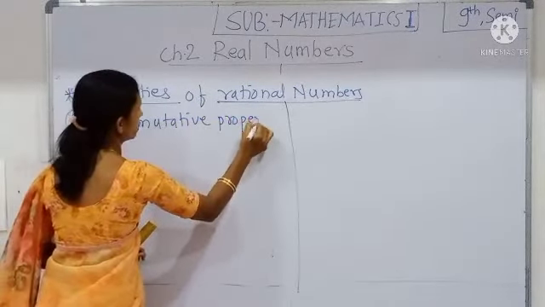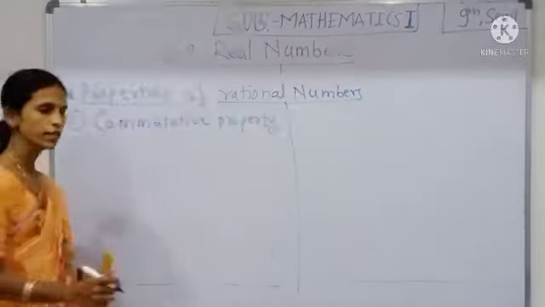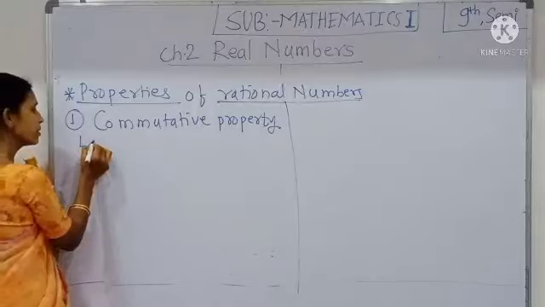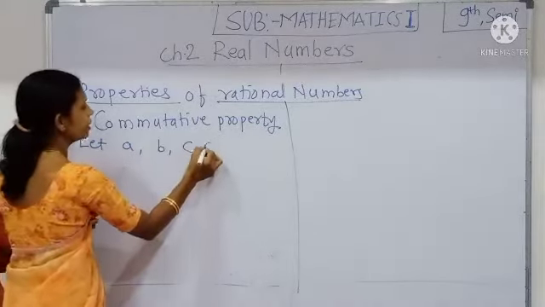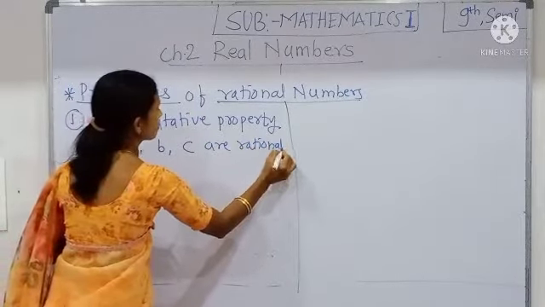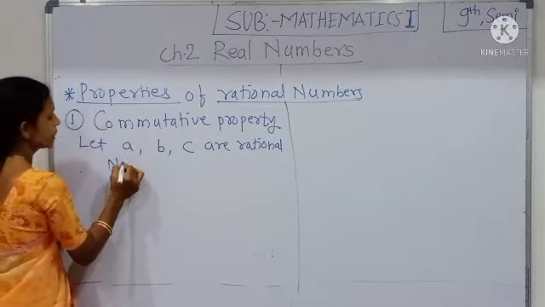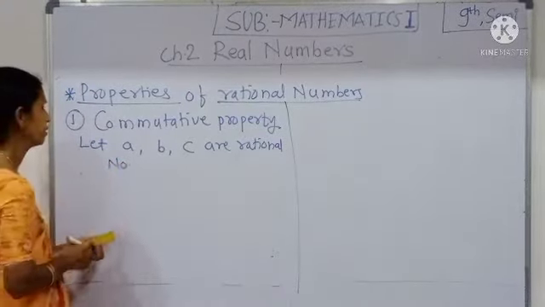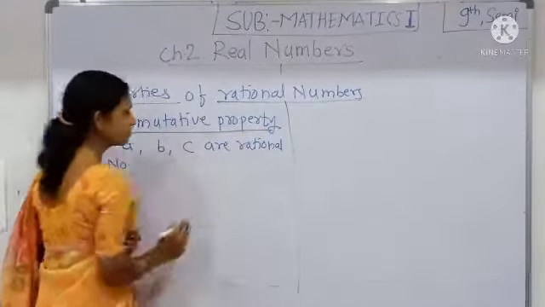Commutative property of rational number. See here, let us consider A, B and C are rational numbers. Then what is the commutative property of rational number?